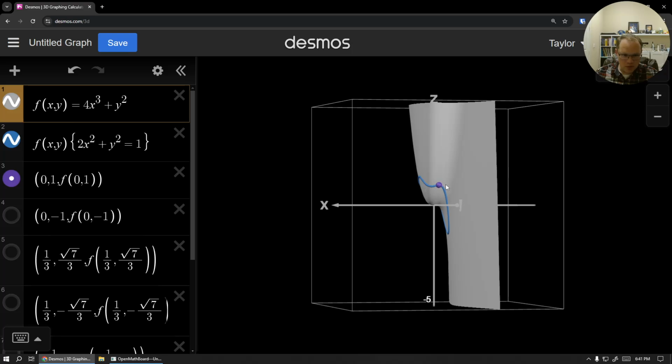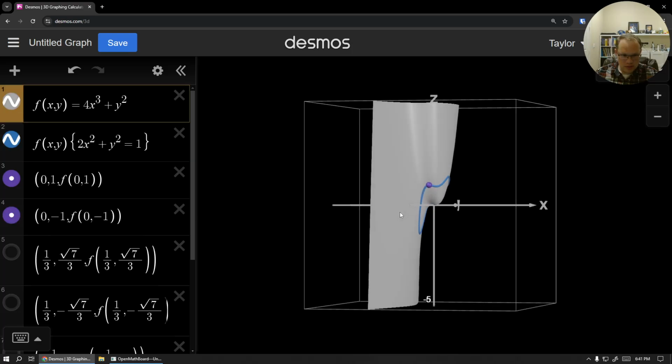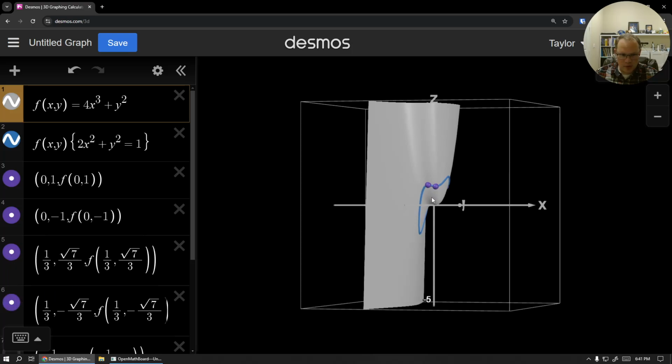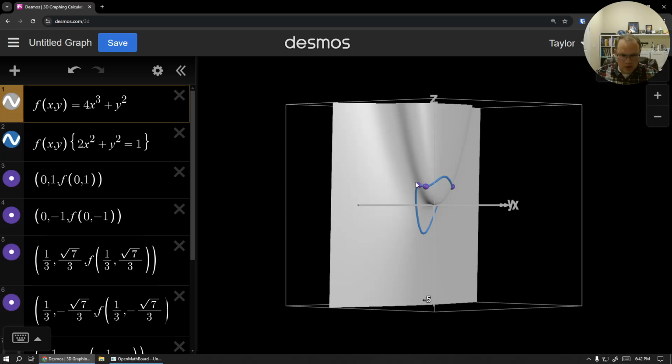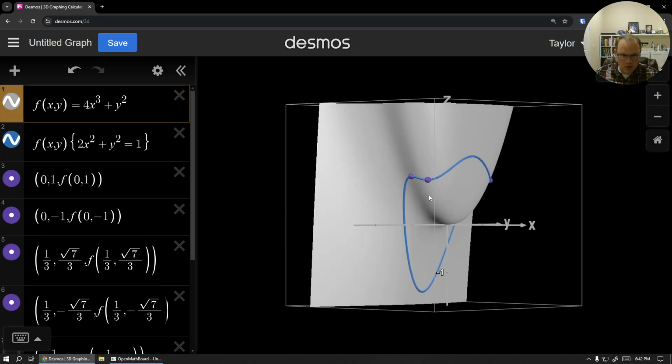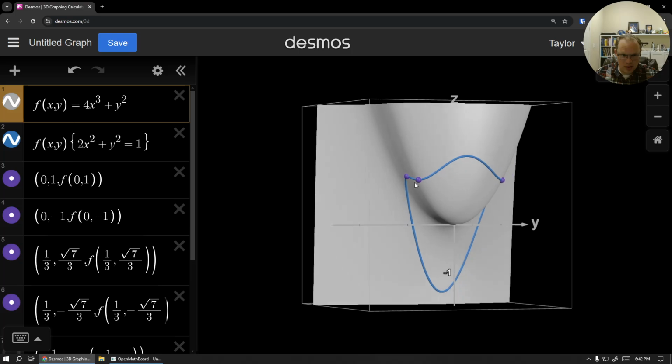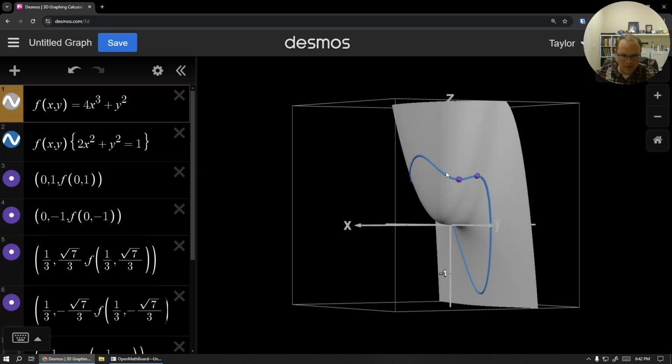It was locally the highest point around it. (0, -1), again, locally, was the highest point around it. And then we had (1/3, √7/3) and (1/3, -√7/3). Let me zoom in a little bit. Locally, they were the lowest point in their immediate vicinity, right?